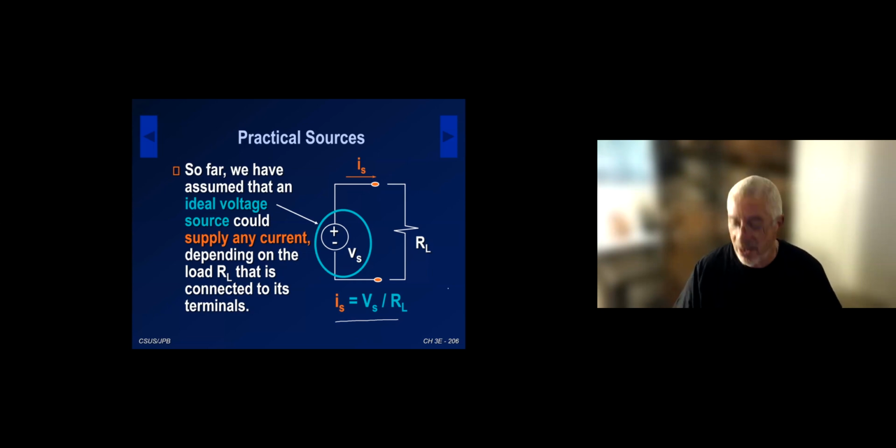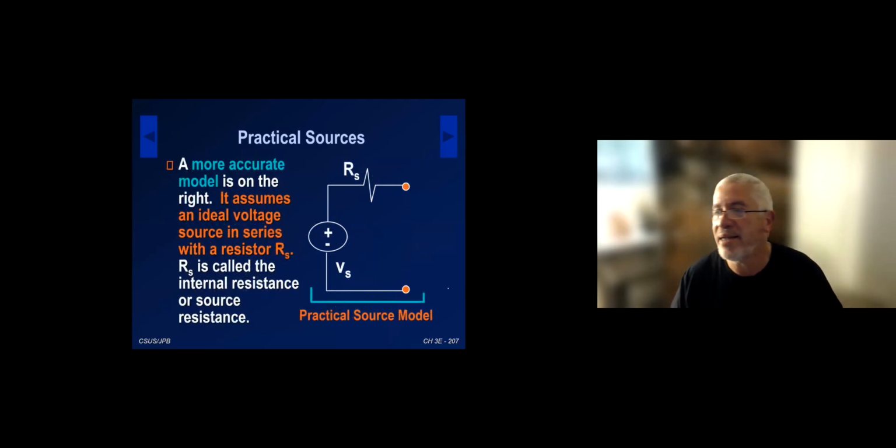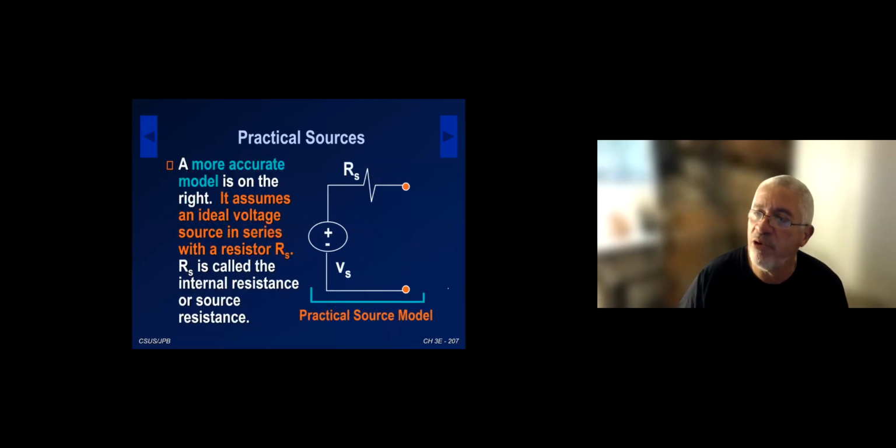So we need to look at something a little bit more representative of real life. Today we're going to introduce a practical source model for the voltage source. The practical source model is an ideal voltage, which we call Vs here, in series with what we call a source resistance, Rs.